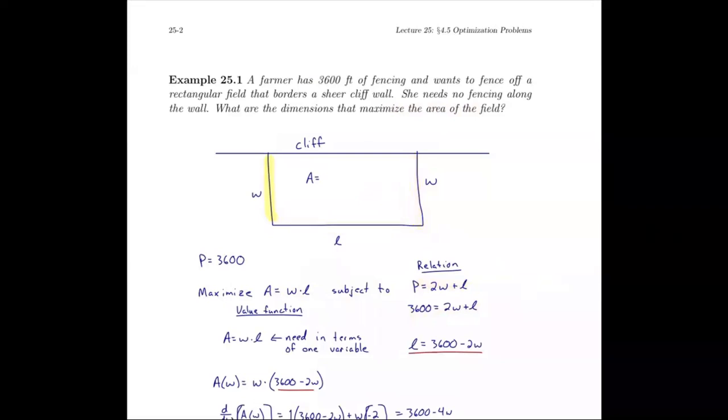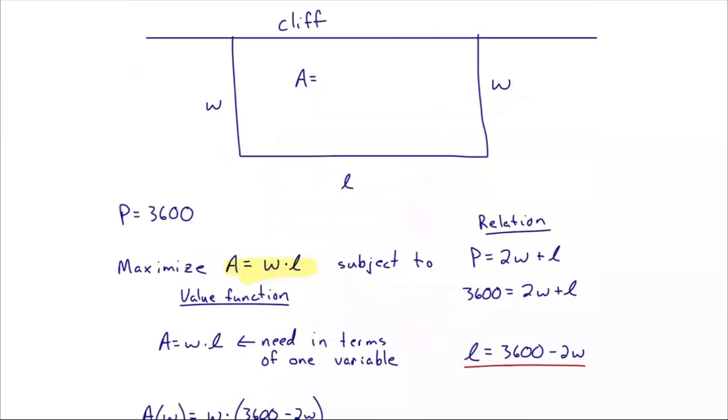Okay, so how do I find local extrema of a function A here of the variables W and L? Well, if this is called our value function, it's the one we want the optimal value from. In this case, we want a maximum from it. And really, if I could take the derivative of it with respect to one of the variables and set that equal to 0 and solve for it, then I could probably find the maximal value for this function.